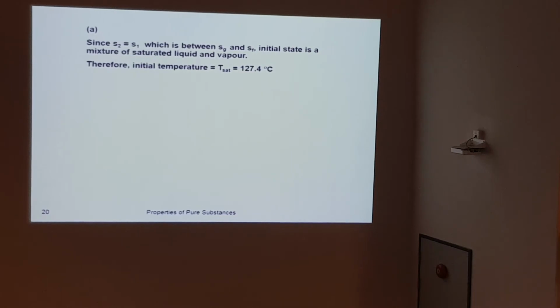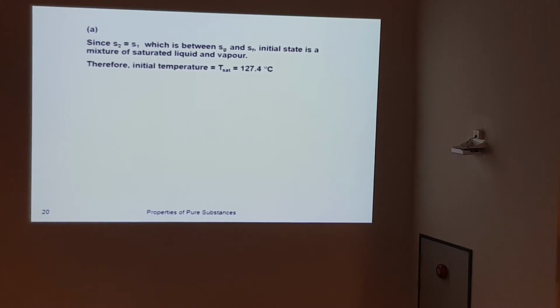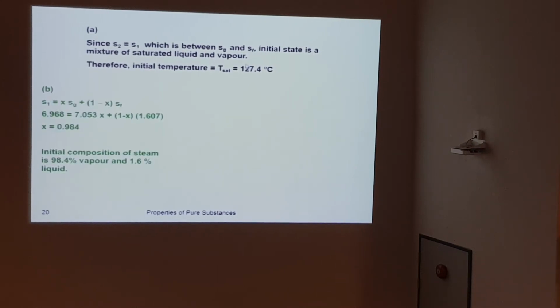Okay, let's see this. Because S2 equals S1, it's in between, right? You know it's a mixture, so you can find the temperature directly. So this one will be very straightforward. We compared already just now, and then we calculate, we find the quality.